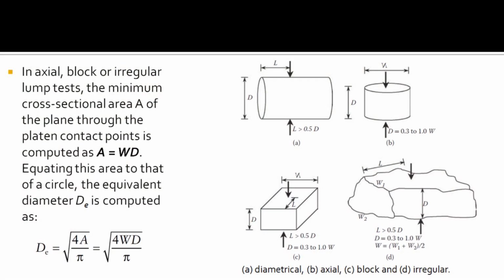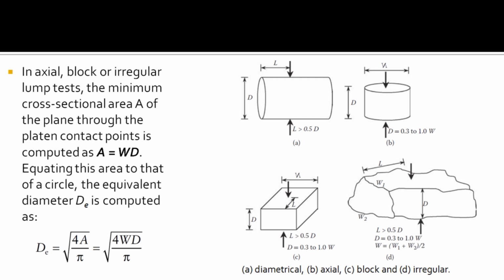For an axial test on a cylindrical core, the equivalent diameter is calculated as the square root of 4A by pi. So, we assume the load is acting upon a circular cross section, we calculate the area, and the equivalent diameter of a circle of that area is used for calculation of point load strength.